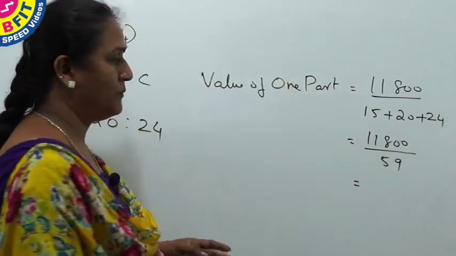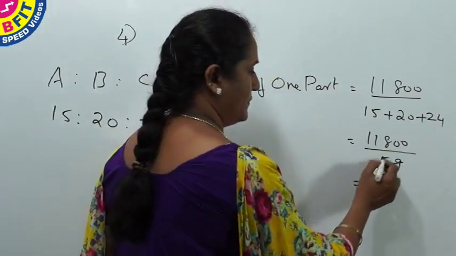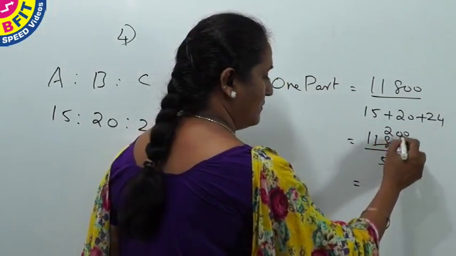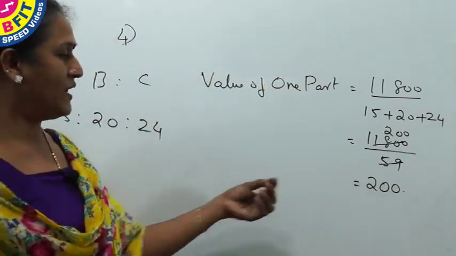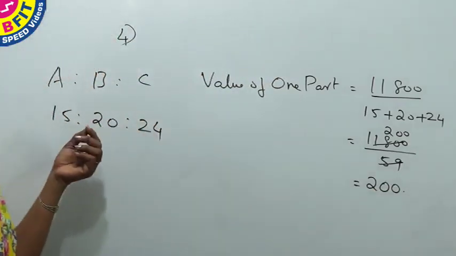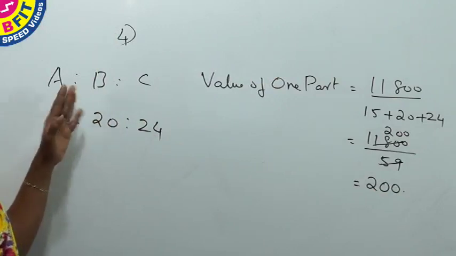So the value of one part, after simplifying, is 200. Now multiplying this value of one part accordingly, we get A's share, B's share or C's share.